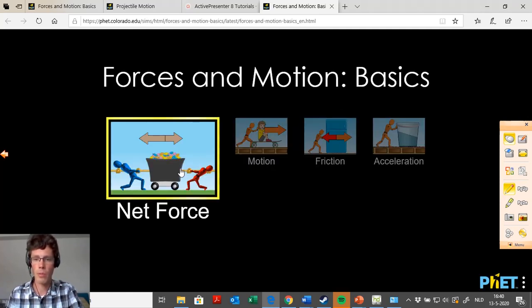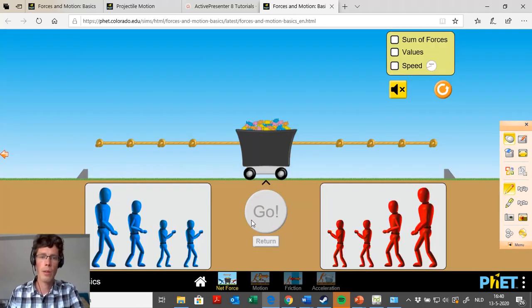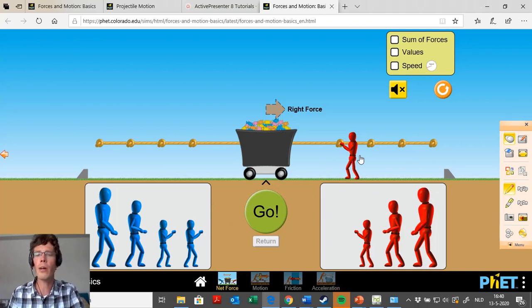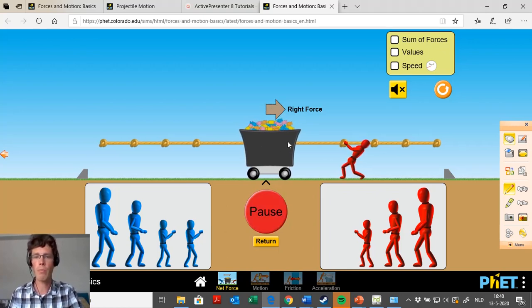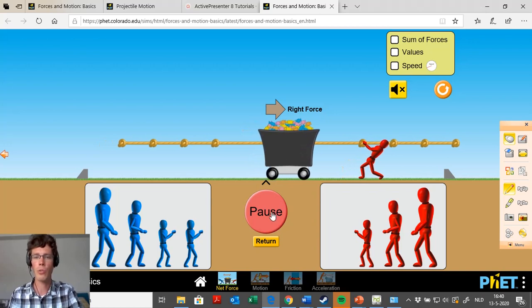Okay, so here's a little tug of war. I have a cart here filled with candy, and I can place these guys to the left and right. When I only push this guy here, then this arrow indicates the force that he's exerting on the cart. So if I press go, he starts pulling the cart to the left.